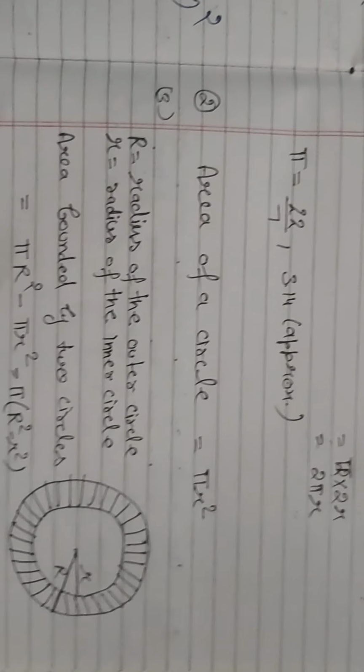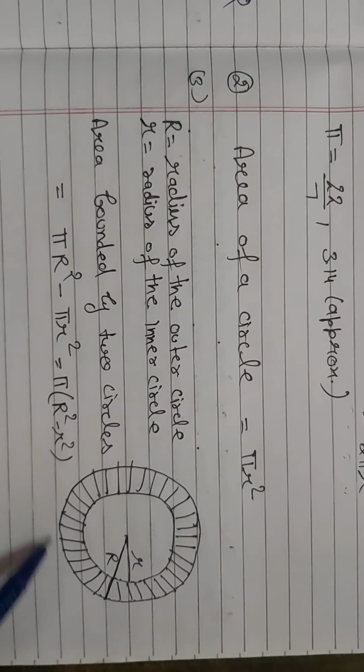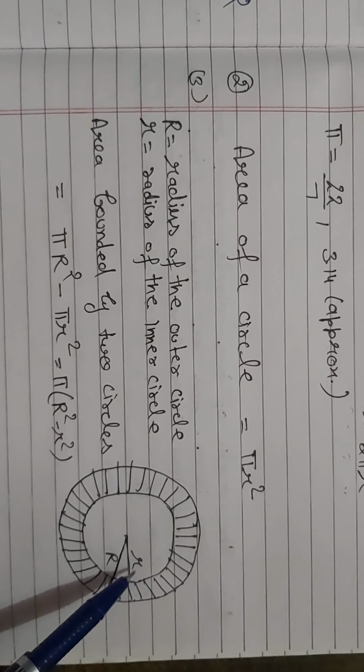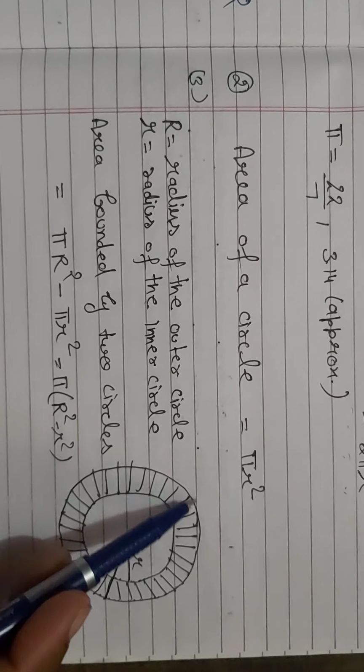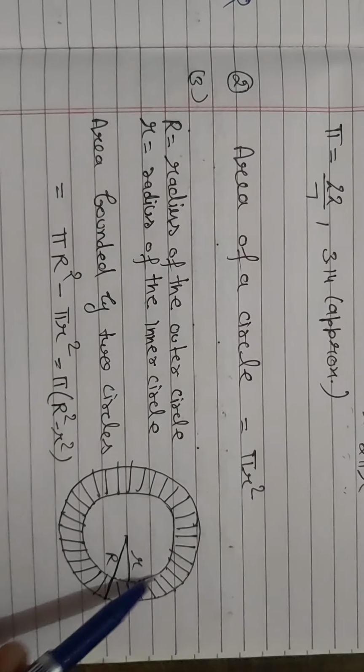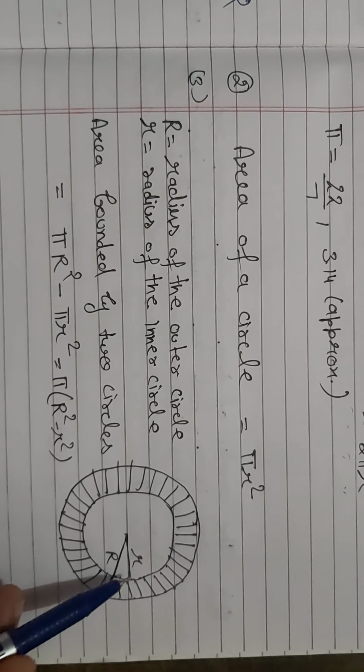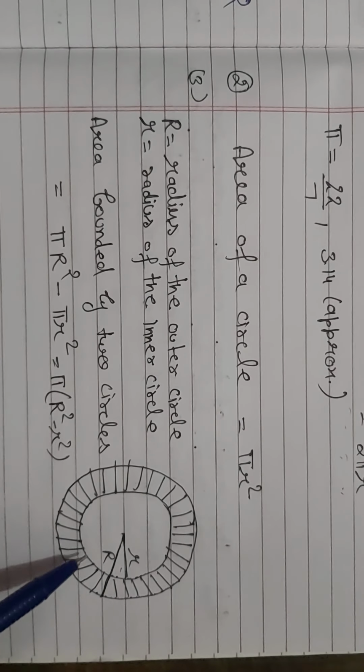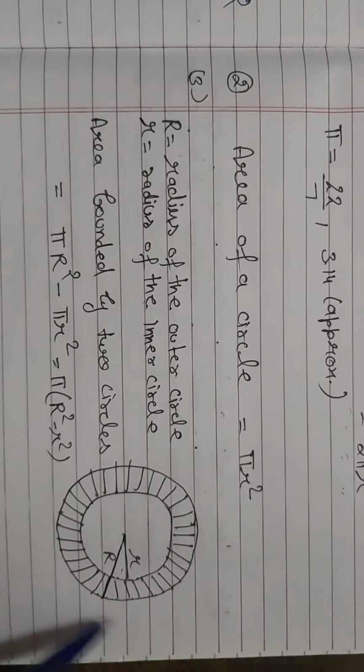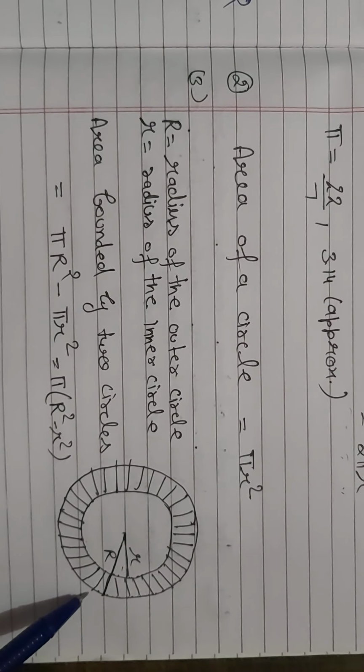And third is this type of portion, a ring type. This is a bigger circle and this is a smaller circle. Small r is the radius of the small circle and capital R is the radius of the outer circle, the bigger circle.